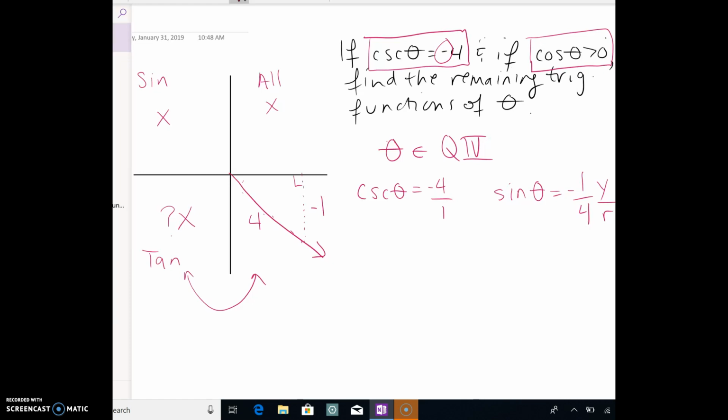So what are we missing? We're missing our x value. In order for us to find all of these trigonometric functions, we need x, y, and r. We have y, we have r, we have to find x.